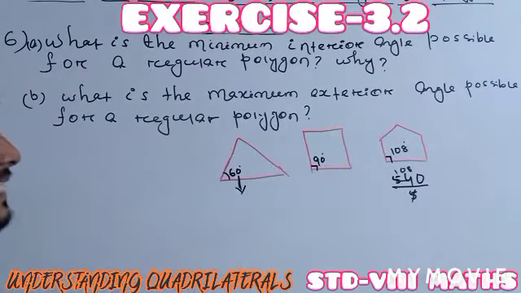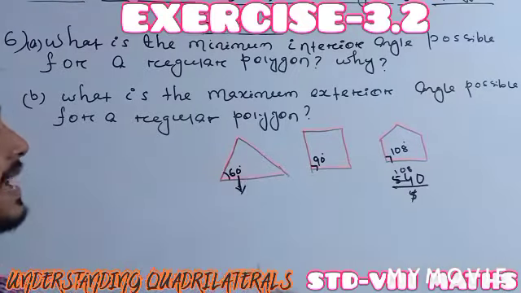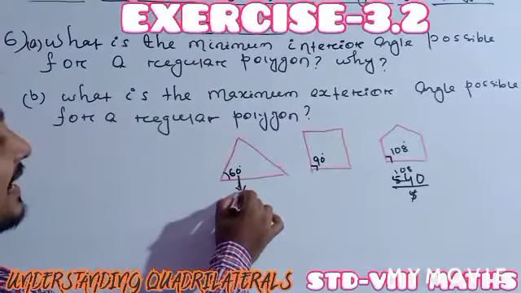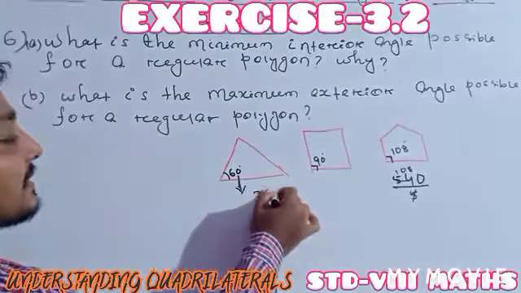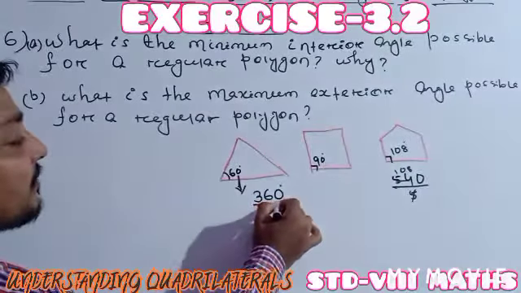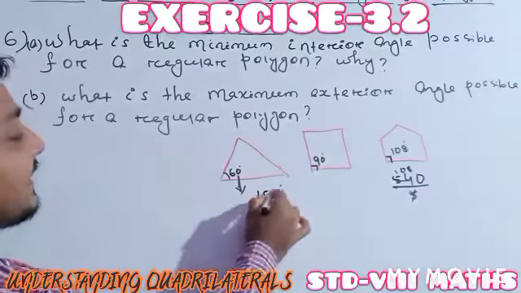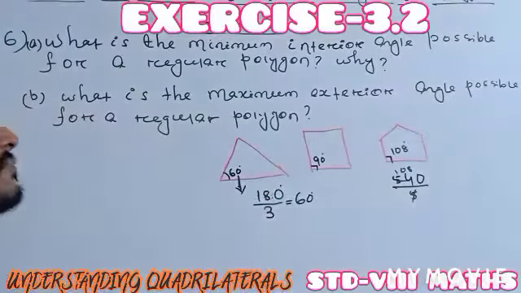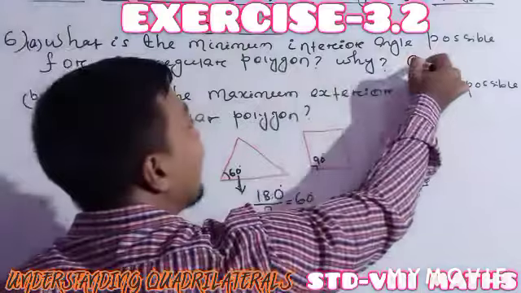It is 60 degrees, because the regular polygon having the least number of sides is the equilateral triangle, and in the equilateral triangle the interior angle will be 180 degrees divided by 3, which is 60 degrees. Ready? Just like this, the answer to the question is 60 degrees.